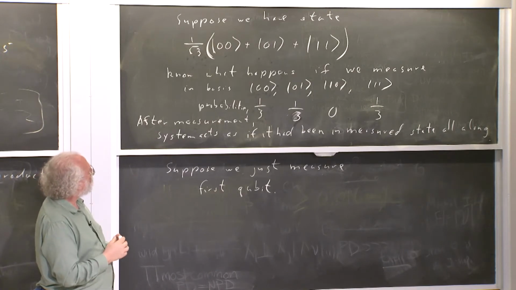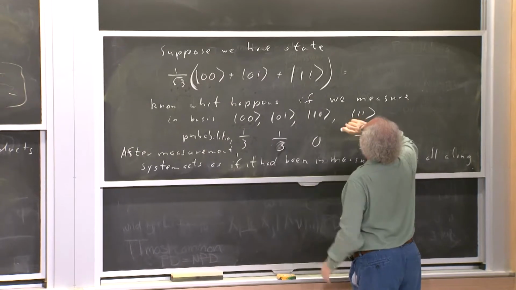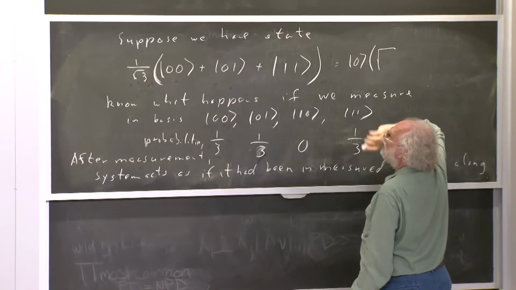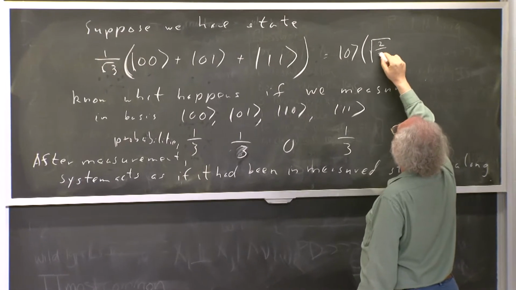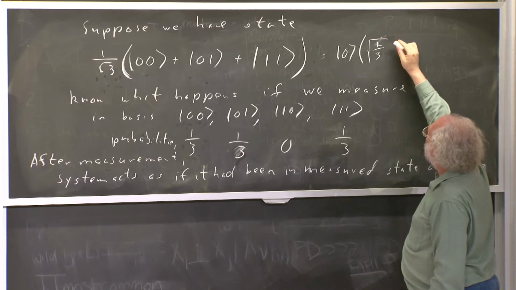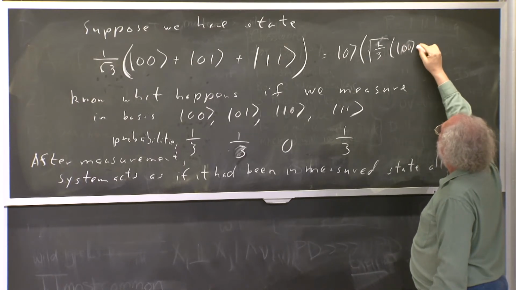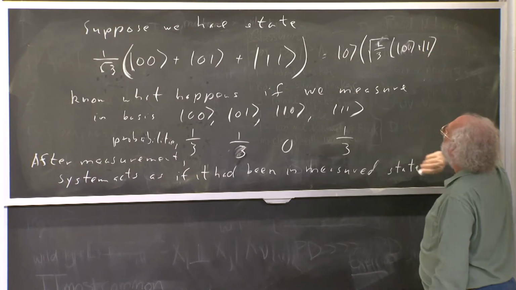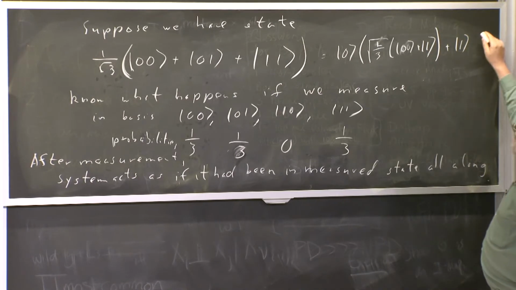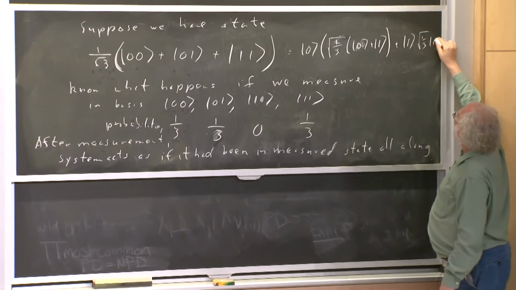Well, I want to say we can rewrite this as |0> times root 1 over 3 (|0> plus |1>), plus |1> times root 1 over 3 |1>.